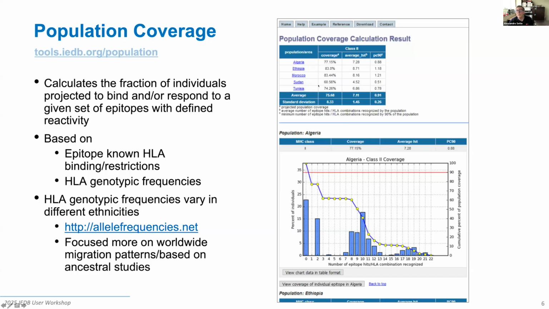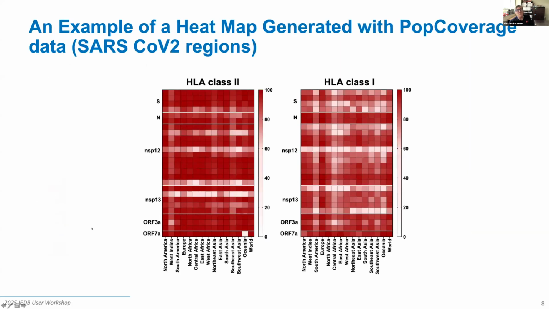In this particular example, on average this population is getting 75% population coverage. Or here, you can say these are covered by about, on average, 7 hits per donor and so forth. And this can also be plotted, showing how many hits per fraction of individuals are covered.